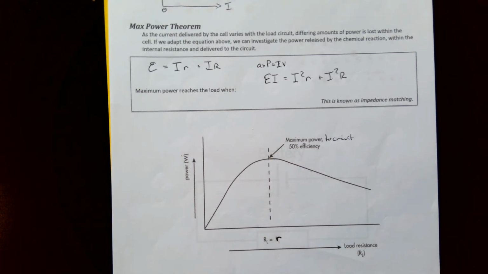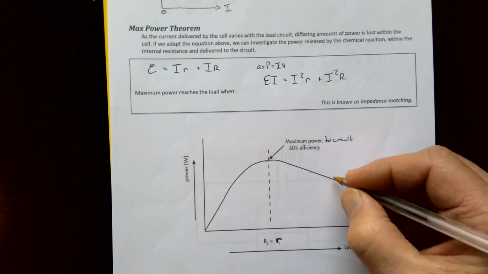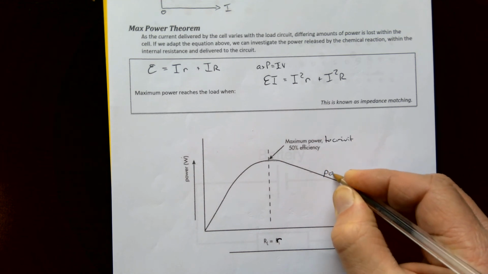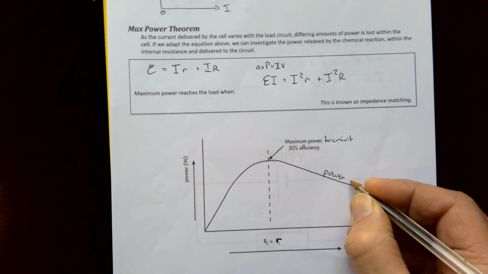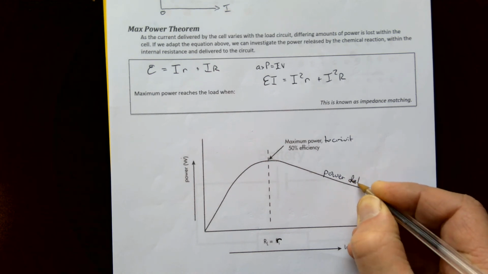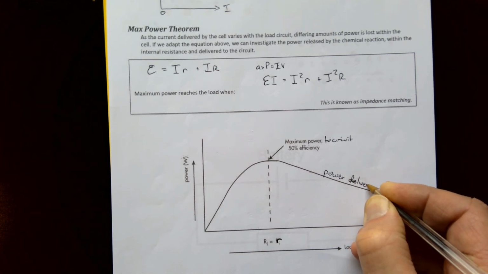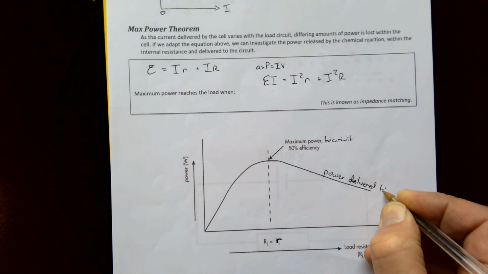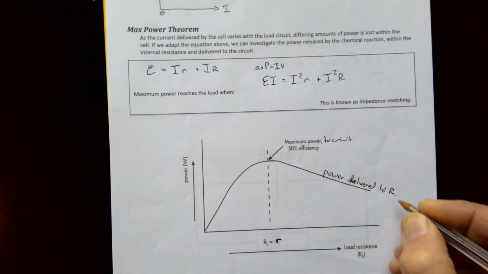So this is the power actually delivered to the circuit. So this is the power I'll say delivered to R, to our load.